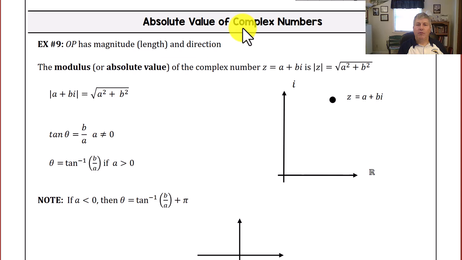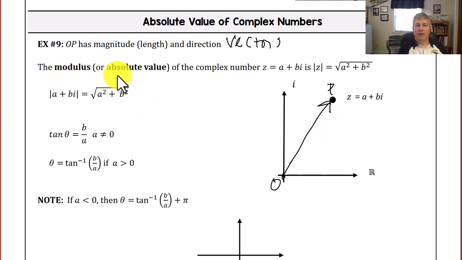Now we'll study the absolute value of complex numbers, so we'll find the magnitude or the length of them. We're essentially finding the radius. So they say here OP has magnitude, length, and direction. So you guys that have studied vectors know that vectors both have magnitude and direction. And it says OP, my guess is this O is the origin and this is point P here, has both magnitude and direction.